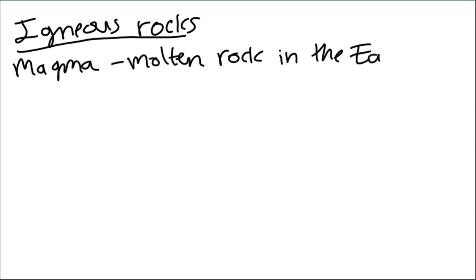So this is molten rock in the earth. Now sometimes this may come to the surface, maybe through a volcano erupting or something, and this would form lava.